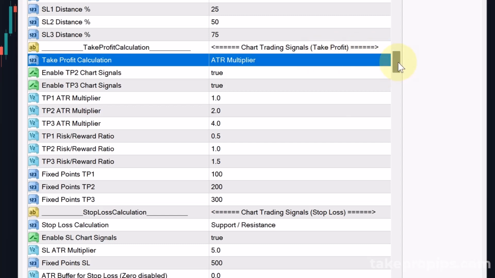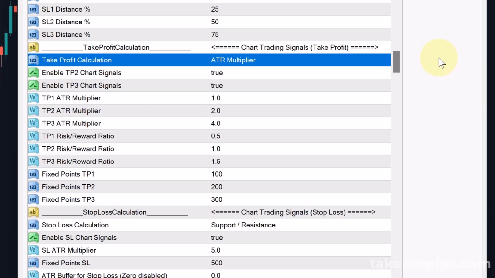If the market is experiencing high volatility, the trading signals will have a higher take profit target, and if the market is experiencing low volatility, the take profit target will be smaller. High volatility means larger price swings or larger candlesticks, while low volatility means smaller price swings or smaller candlesticks.